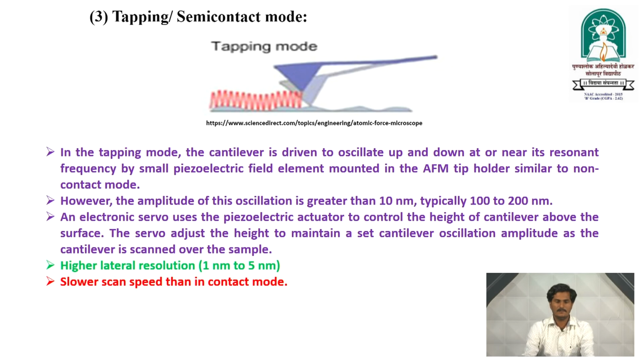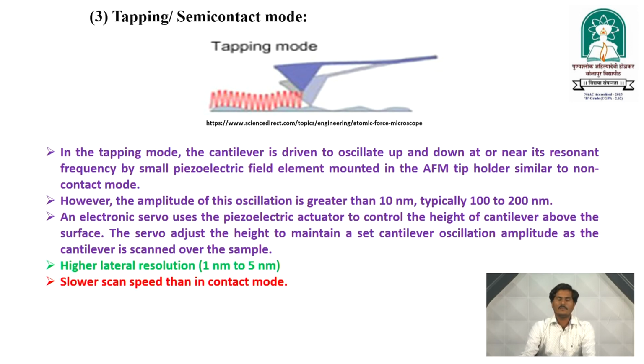The third mode of operation is the tapping mode, or semi-contact mode. In tapping mode AFM, the cantilever is driven to oscillate up and down at or near its resonant frequency by a small piezoelectric element mounted in the AFM tip holder, similar to the non-contact mode.